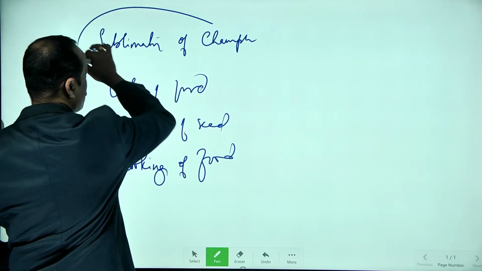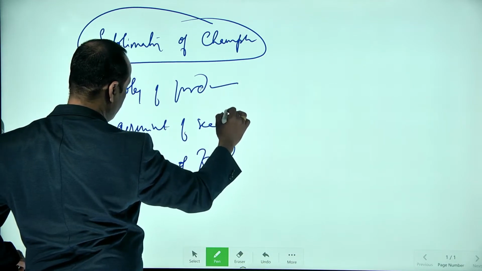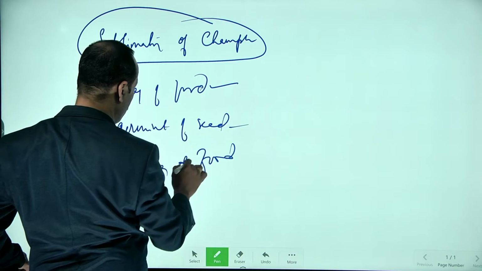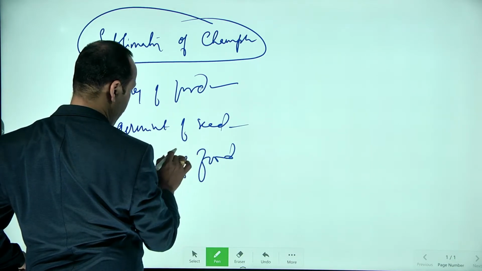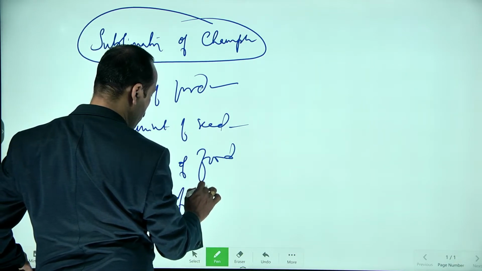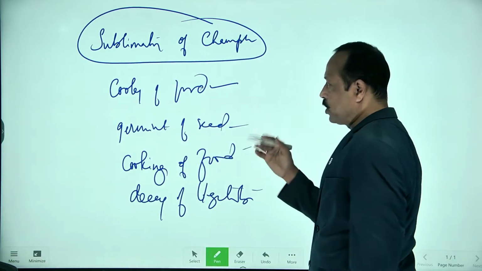No, sublimation of camphor. Okay, so cooking of food is a chemical change, germination of seeds is a chemical change, and decaying of vegetables also, chemical change only. So this cannot be gotten back.